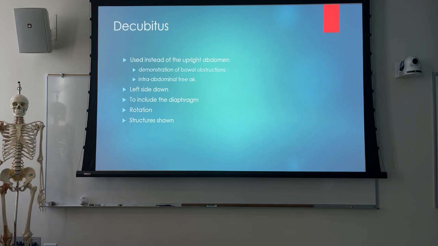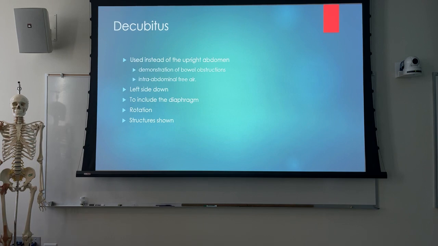It never really made a whole lot of sense to me for a routine decubitus for free air to include the diaphragm, because where's the air going to settle? The right-hand side, right? Not necessarily under the diaphragm. So I never really fully understood that, except possibly to make sure that you include the entire abdominal cavity.